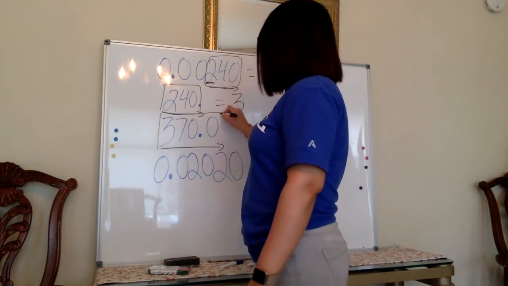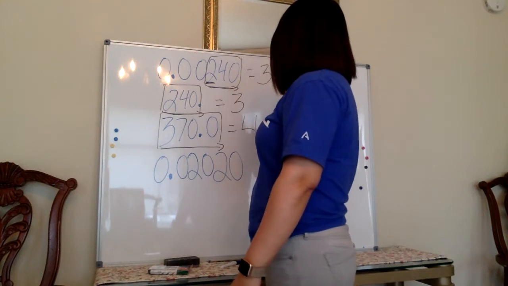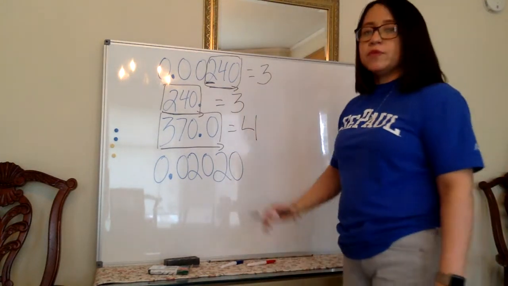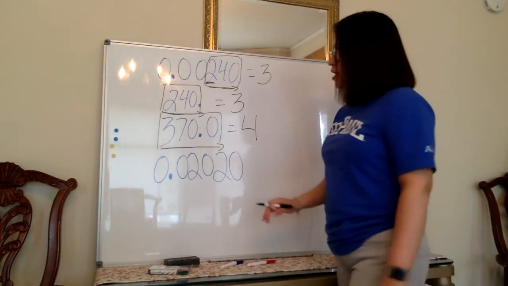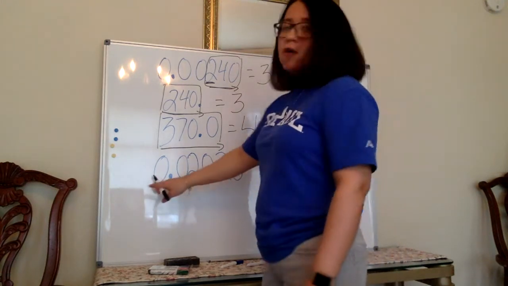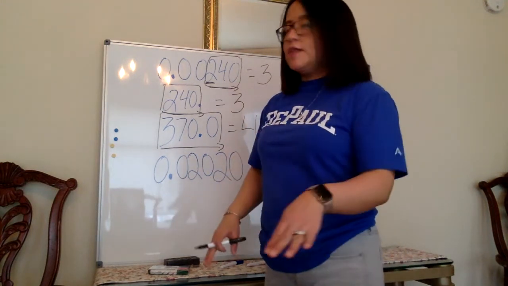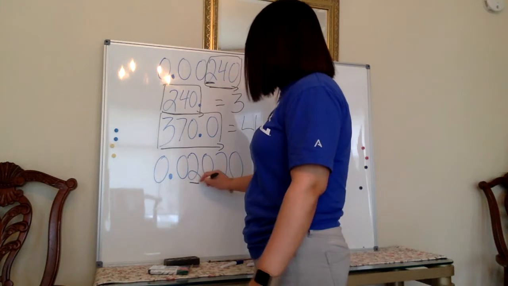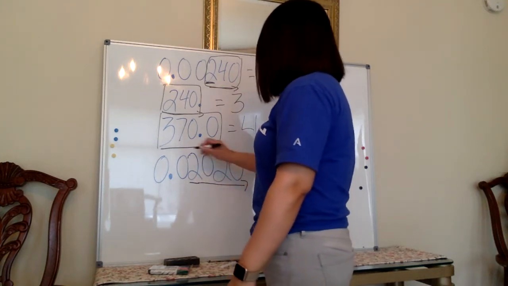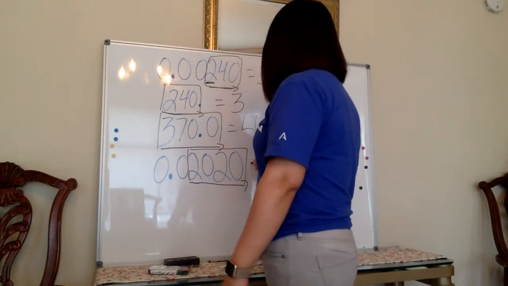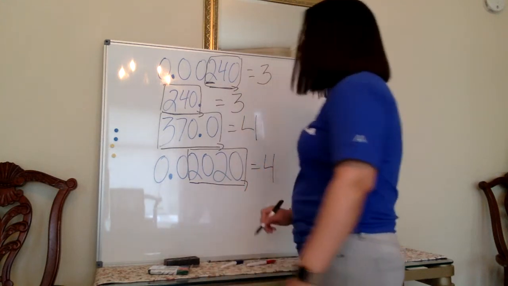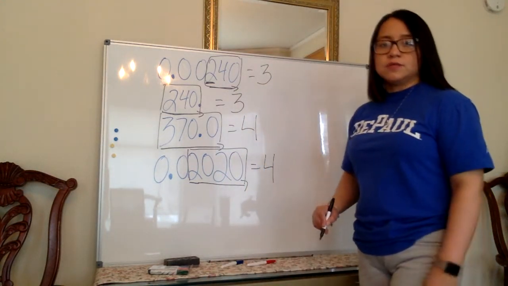How many significant figures do we see here? That is 4. Last but not least, how many sig figs do we see here? Well, we start with 2 leading zeros, never significant. We start at 2, and we count till the very end. So here we see 4 significant figures.